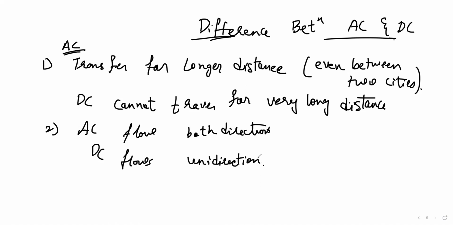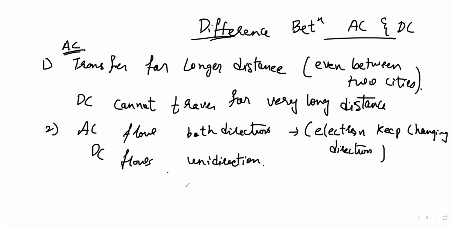In short, what do both directions mean? Electrons keep changing direction.